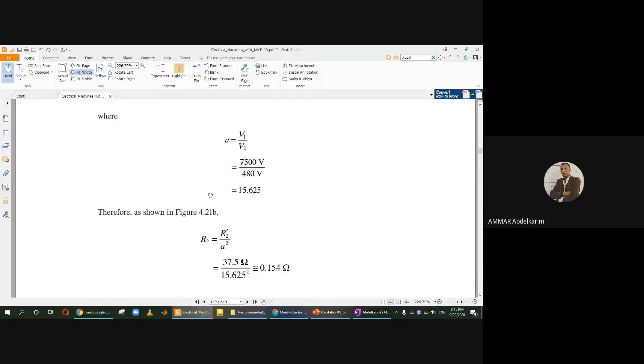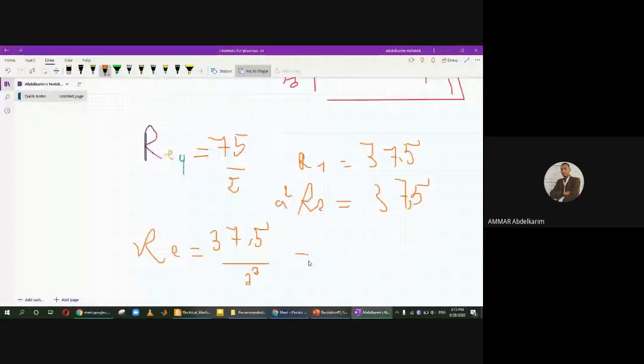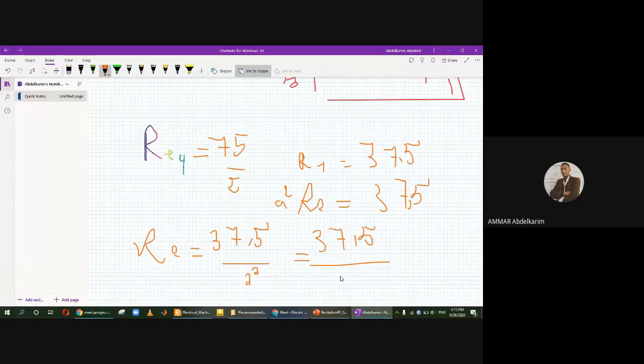So A square is almost 244. Then 37.5 divided by 244 is equal to 0.15.